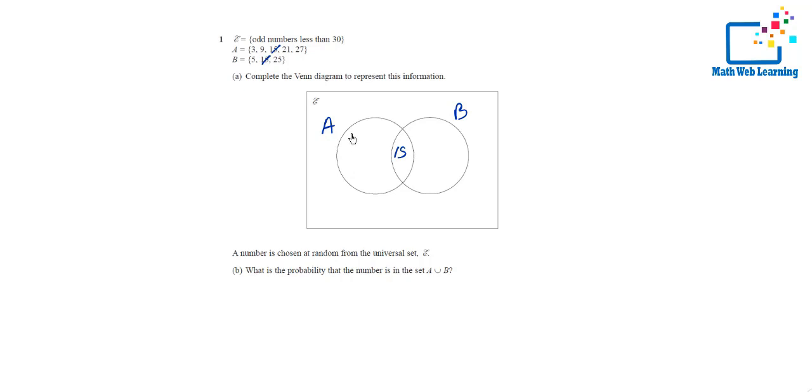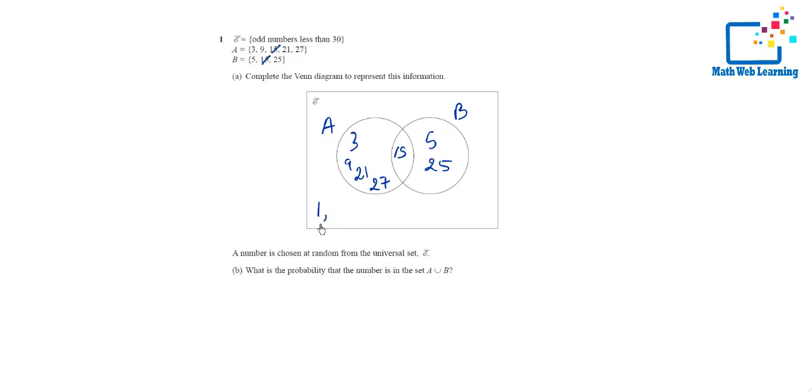So 3 goes in here, we have a 9, we have a 21 and 27, and for B we have a 5 and 25, and the rest of the odd numbers up to 30 will go in this space here. So we're going to start by writing them down.